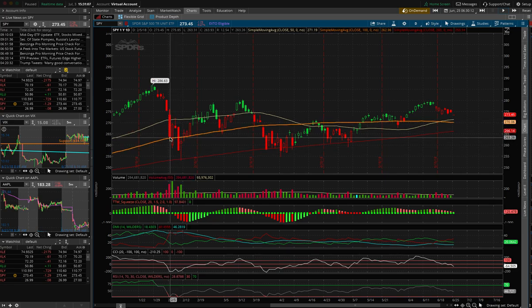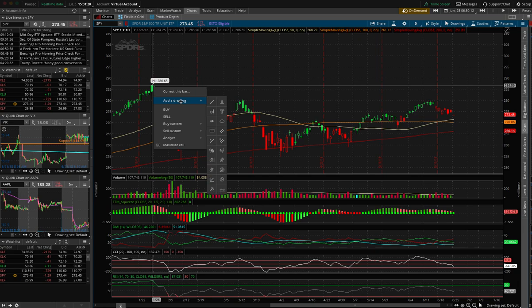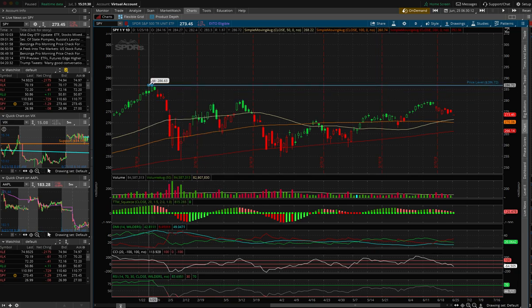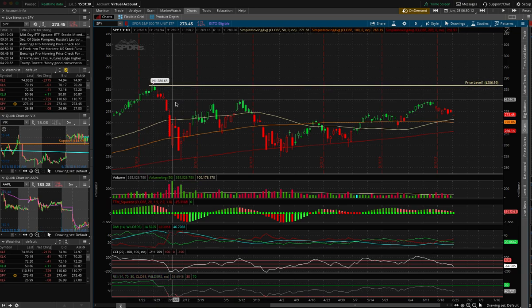Whether it bounces here, here, here, or here, these are certain levels of support. Then it comes back up here and it stops here. That's a certain level of resistance. Right here it stopped, and that was a level of resistance.